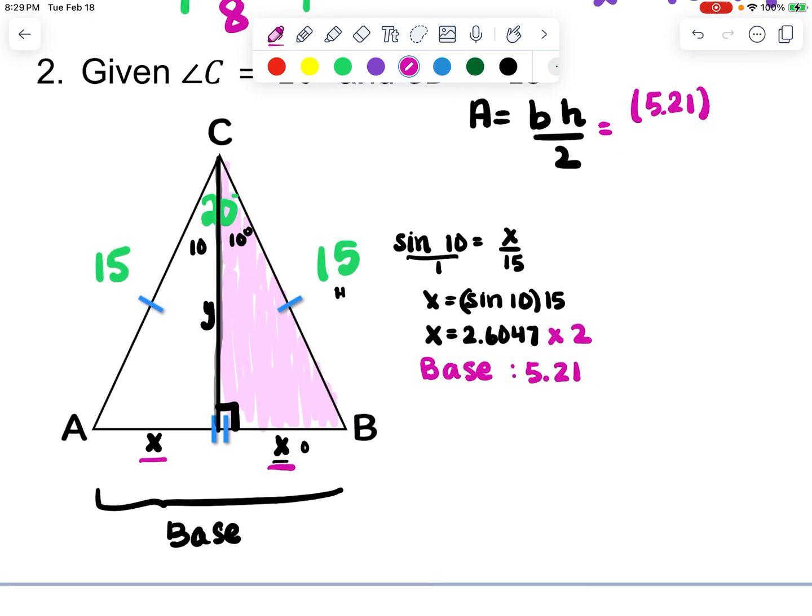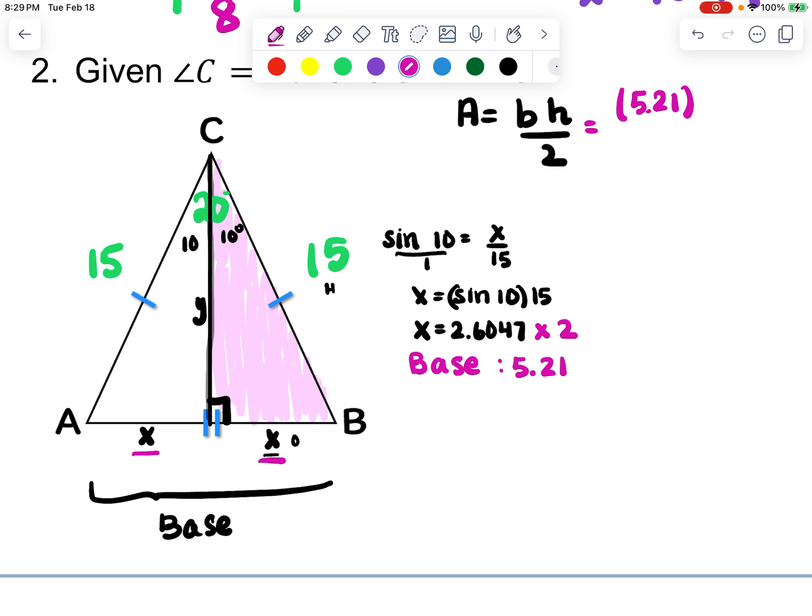And now I have to go solve for my height, which is going to be Y. So if I go back, this is my adjacent side and I have my hypotenuse. So adjacent and hypotenuse is going to be cosine of 10 is equal to Y over 15.